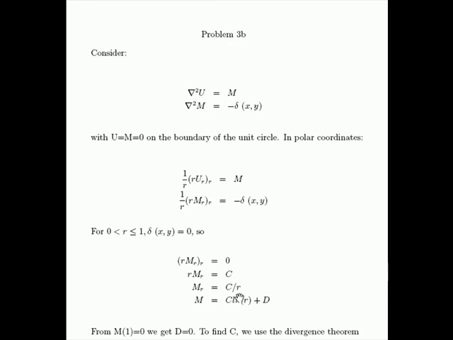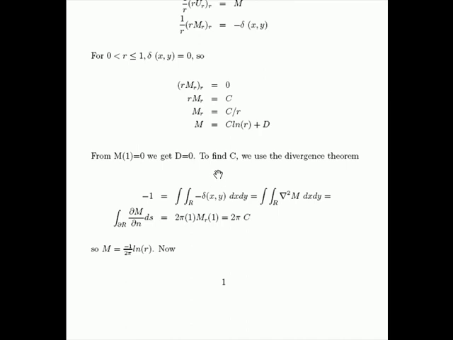But how do we find c? Well, you have to use the divergence theorem to find the c. The integral of the delta function over the whole disk is going to always be 1. That's by definition of a delta function. The integral of the delta function is always exactly 1, and you've got a minus in front, so the integral is minus 1.